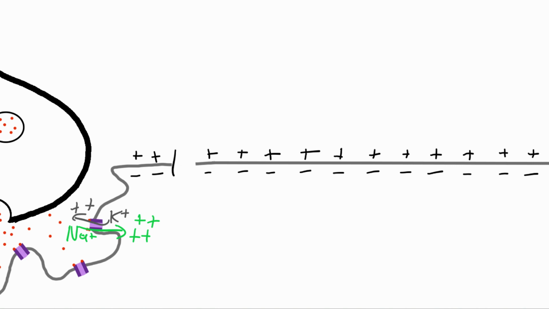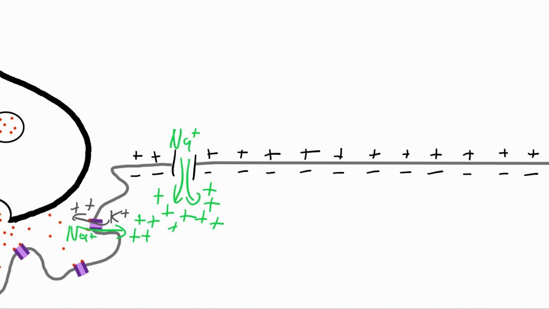Ultimately, if threshold is met, we're looking to cause a stimulus. We're causing a stimulus to open a voltage-regulated sodium channel. So this voltage-regulated sodium channel is going to allow for a lot of sodium to rush in very quickly. What that does is it brings all of these positive ions flowing very quickly into the cell.